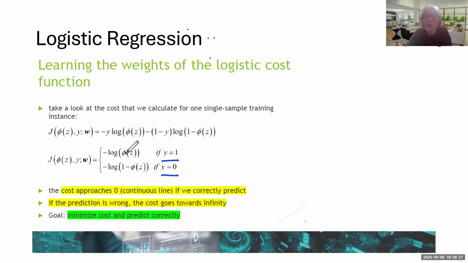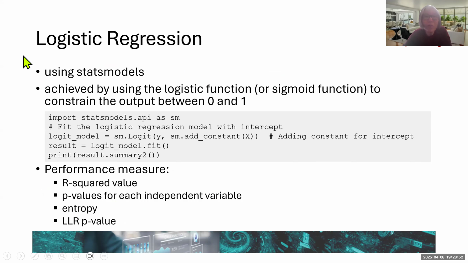So basically your cost function can also be rewritten in these two cases based on whether y is 0 or 1. And our goal is still to minimize the cost and predict correctly. So that's a very general and rough concept about logistic regression.